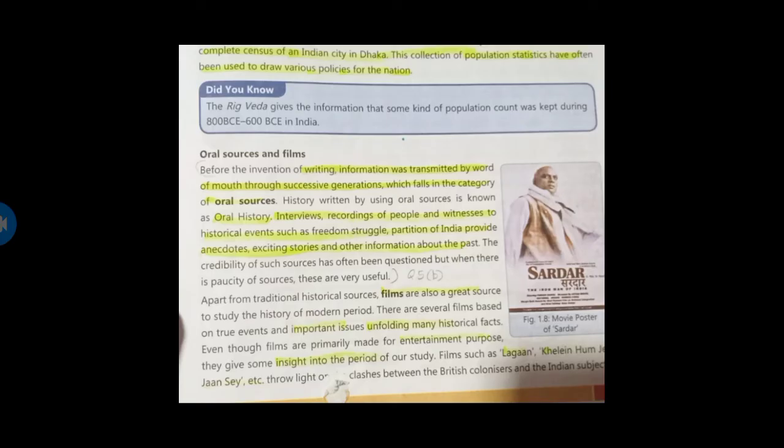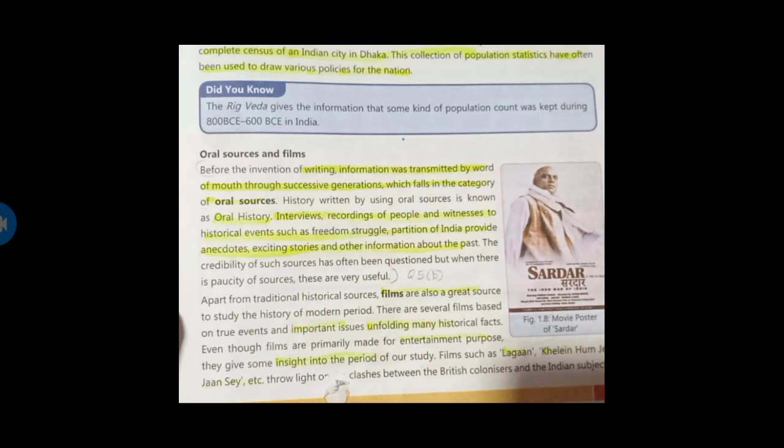There are several films which are based on true events and important issues, unfolding many historical facts. Even though films are primarily made for entertainment purposes, they give some insight into the period of study. There are films like Lagaan, Khelenge Hum Jee Jaan Se.